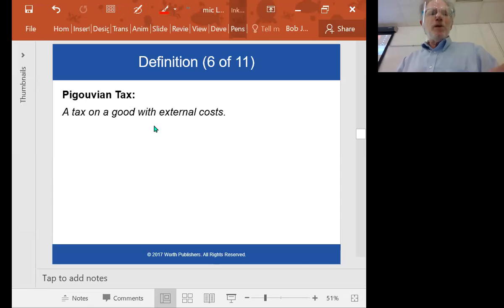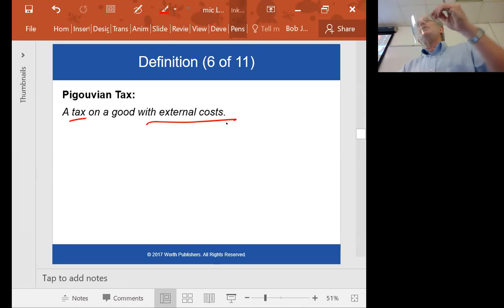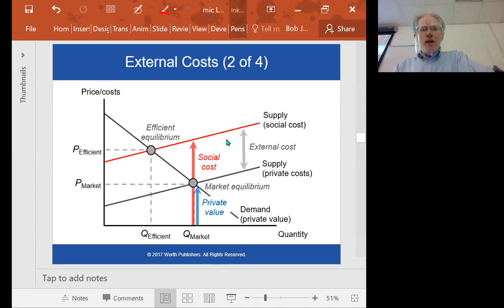So when you hear Pigouvian tax, it just means a tax on a good that has external cost. A Pigouvian tax is an attempt to fix the problem or to make the situation better, reduce the inefficiency. And let's see how that could work.